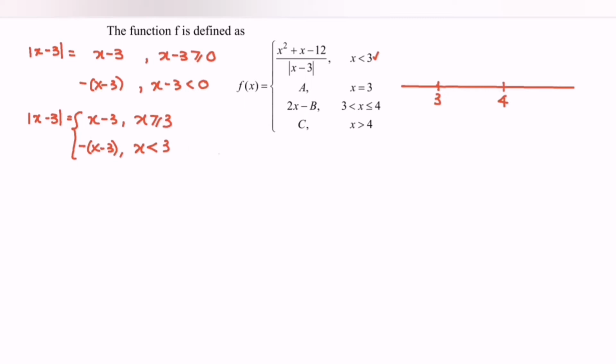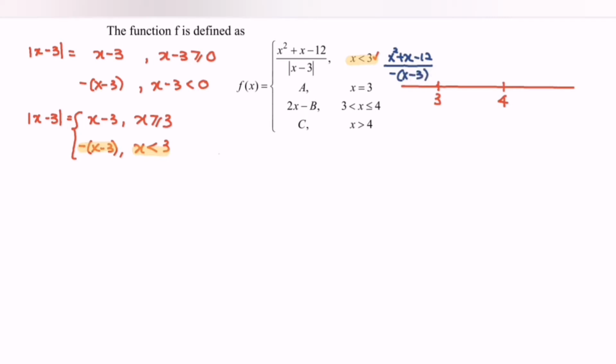Based on the domain, we notice that negative (x minus 3) is the suitable function for this domain, which is x less than 3. So now we have x squared plus x minus 12 over negative (x minus 3).